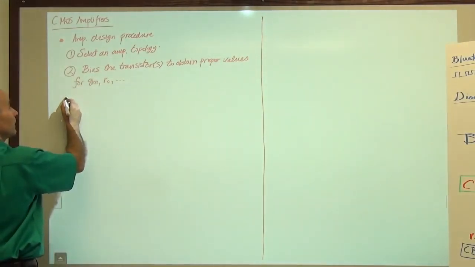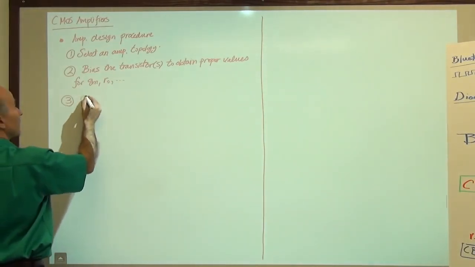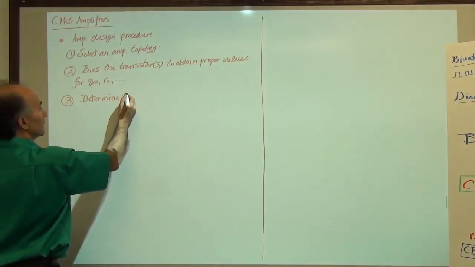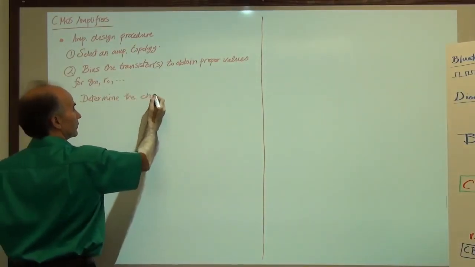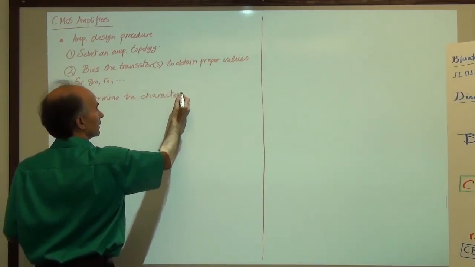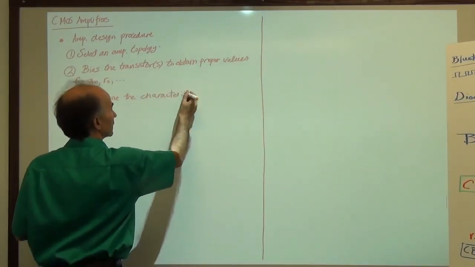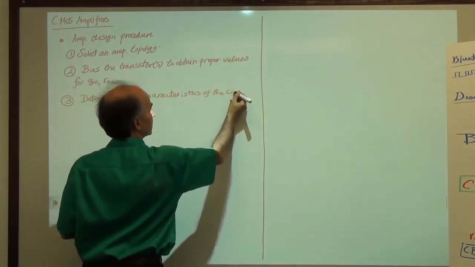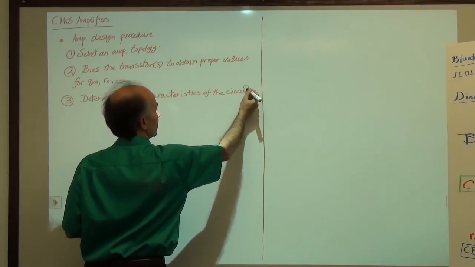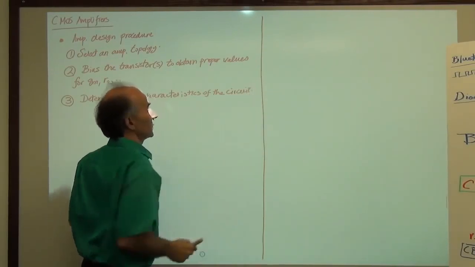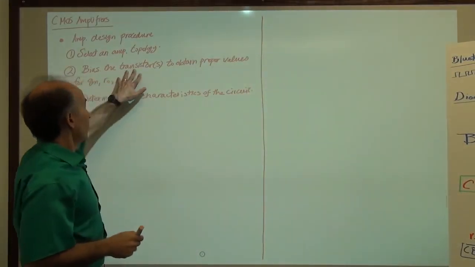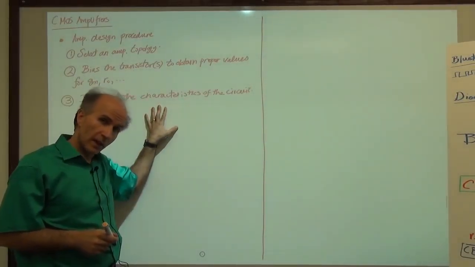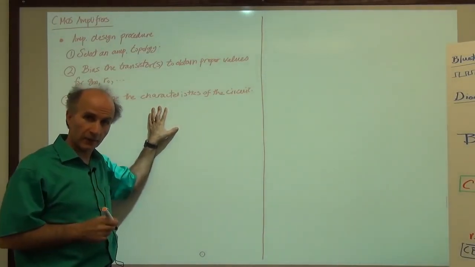Okay, and then determine the characteristics of the amplifier. Now that we have biased up the circuit, we can create, for example, a small signal model and analyze it and find its characteristics.